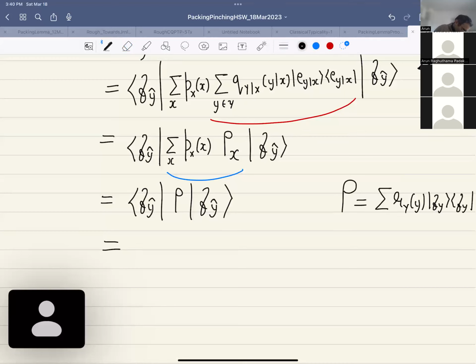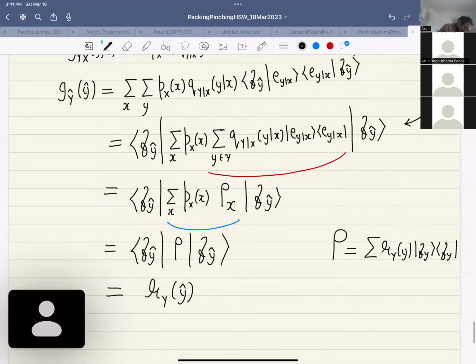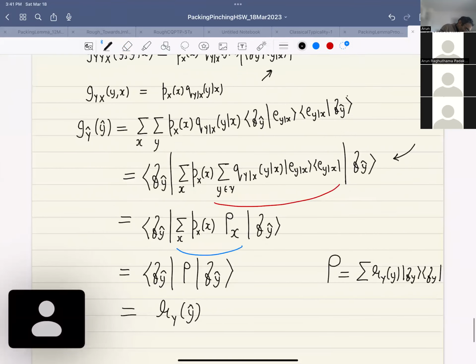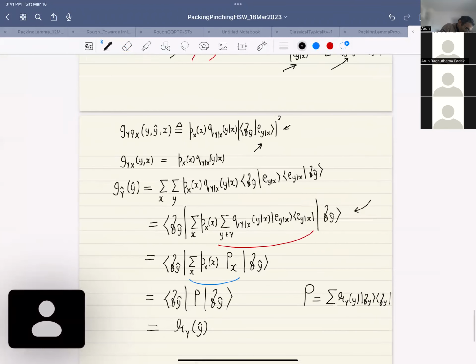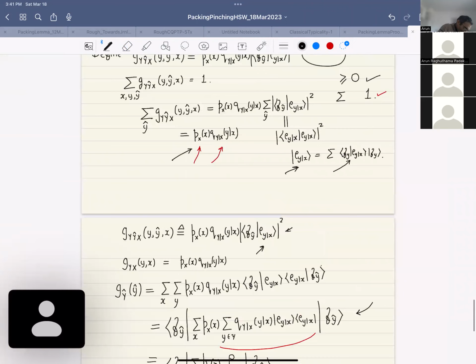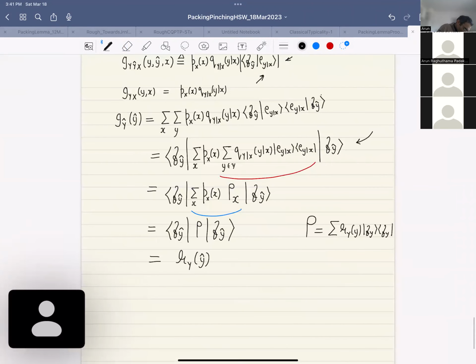So what is this? R of y hat. Yeah, Ry of y hat. Correct? Agree? Yeah. So I have created an interesting distribution G y hat x, right? Its marginal, the y hat marginal, is Ry of y hat, right?